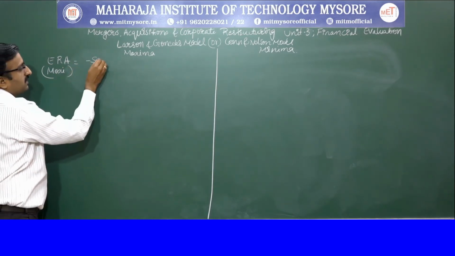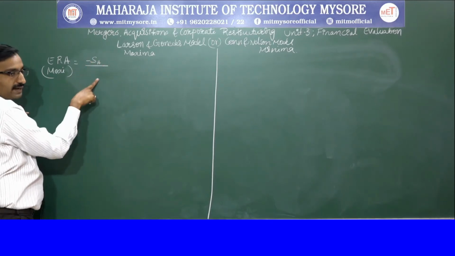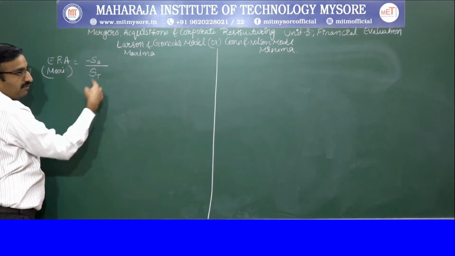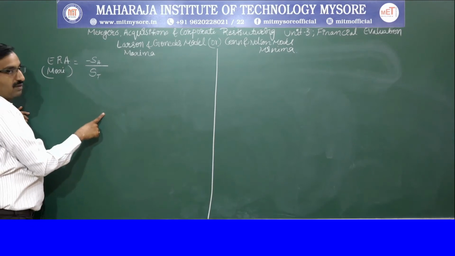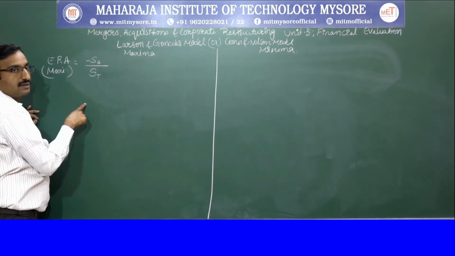So minus SA, that is A company. Here instead of B we can take T, because they have mentioned T company. In the formula we have taken B company, but instead of B you can take T here because they have given A company and T company.